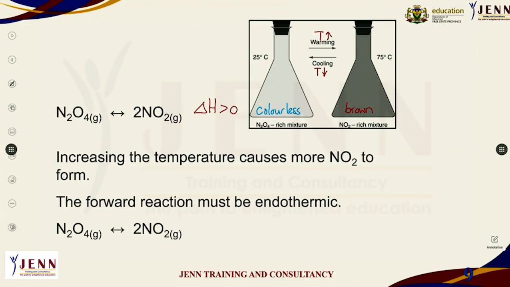Okay, there I've printed it also for you. That's important: delta H is given for the forward reaction. So if I increase the temperature, I favor the forward reaction. And according to Le Chatelier, an increase in temperature favors the endothermic, therefore the forward reaction must be endothermic.